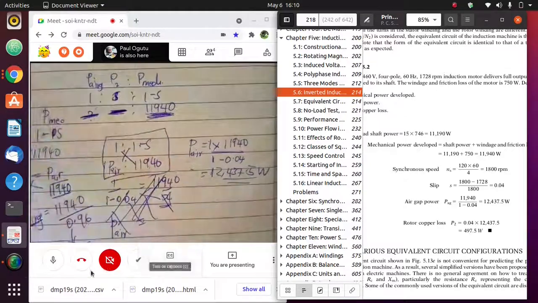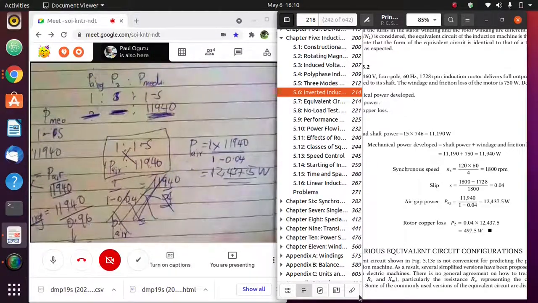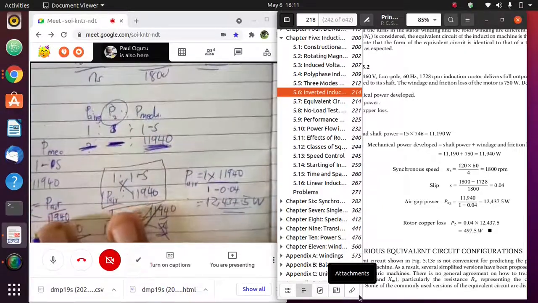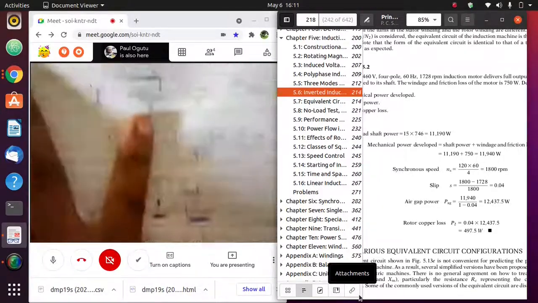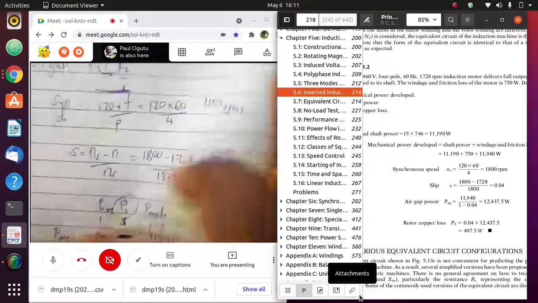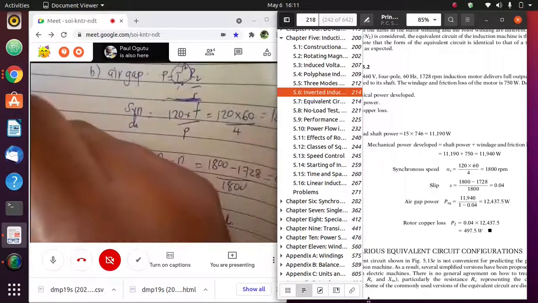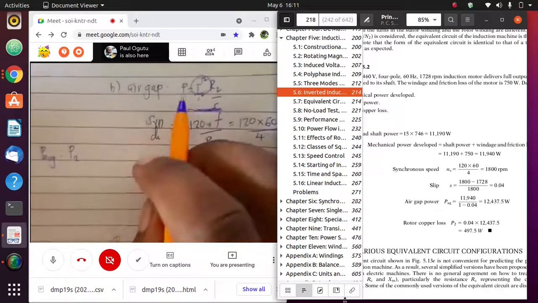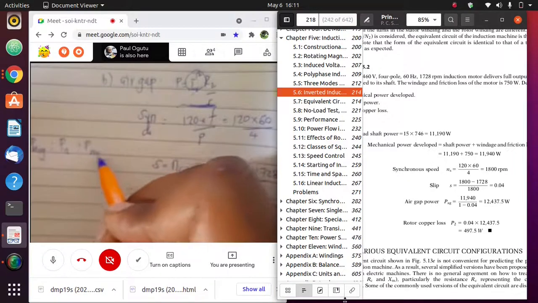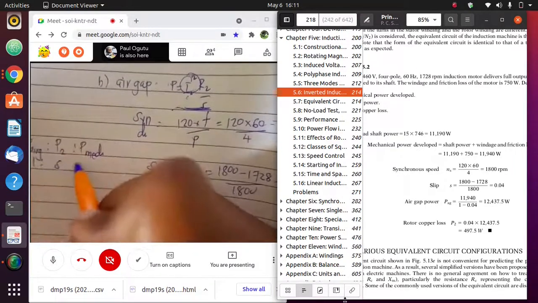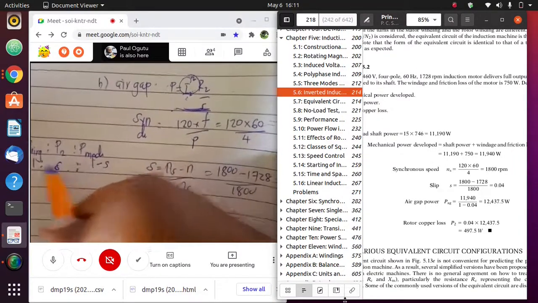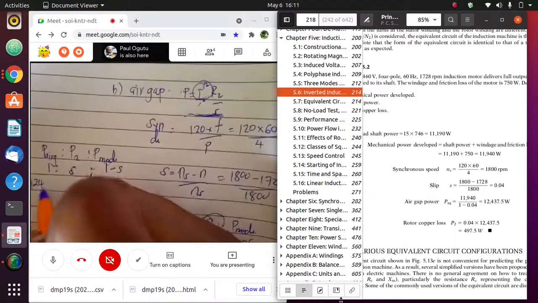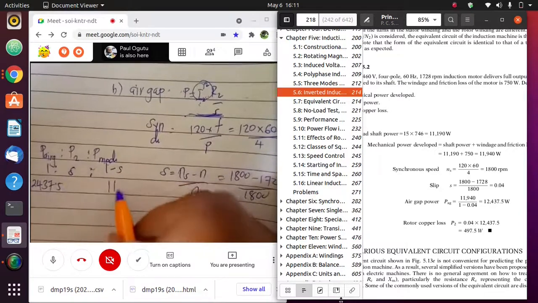Now try the rotor copper loss. How do you find P2 using the same ratios? We have that the P air gap, its ratio to the rotor copper losses, and to the mechanical power is 1 is to S is to 1 minus S. You have the air gap power as 12,437.5. We have this as 11,940.